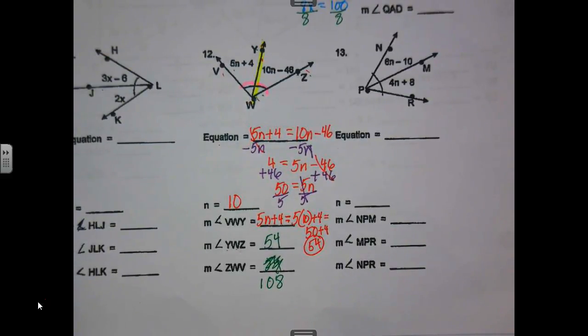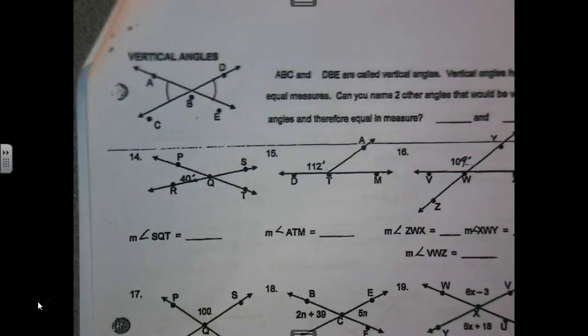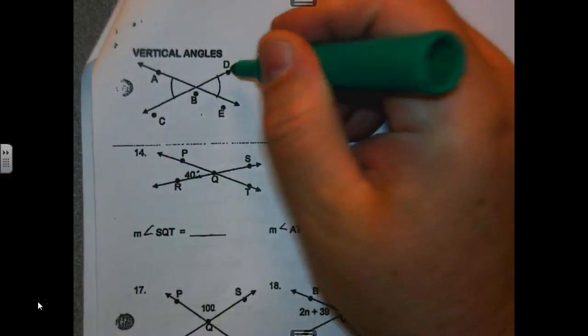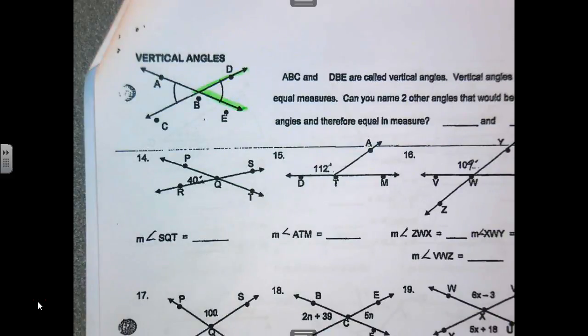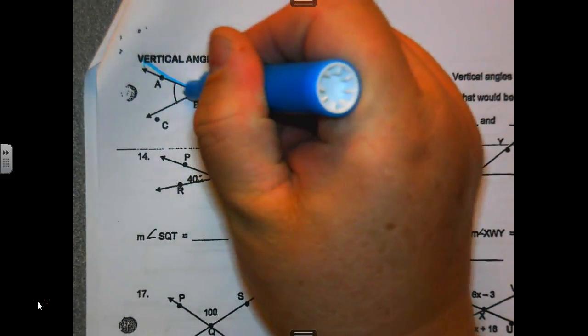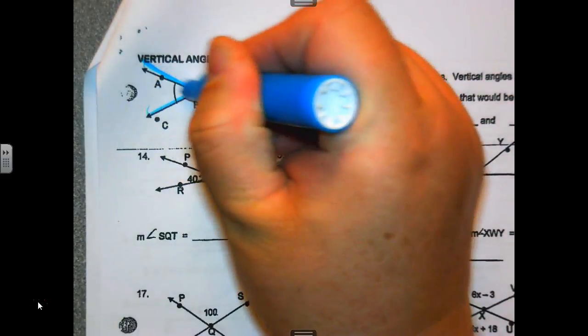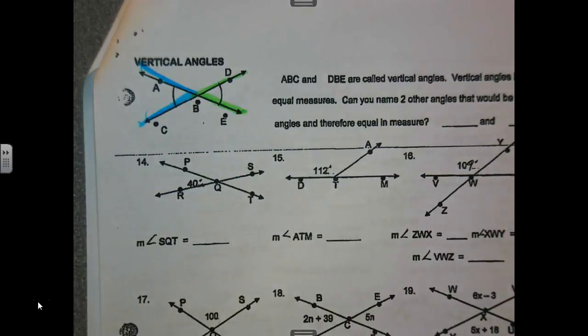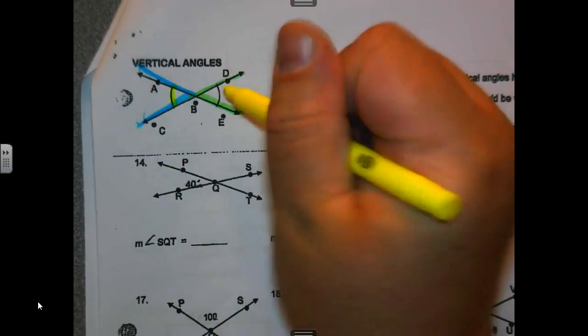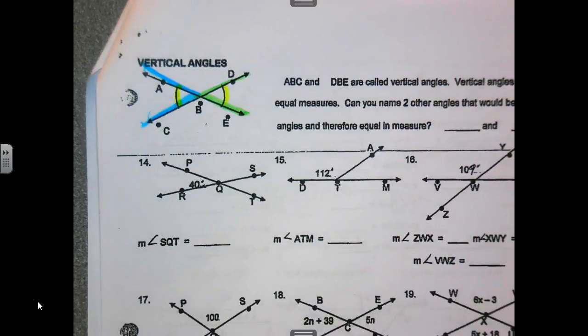Okay, vertical angles. Vertical angles are made by two intersecting lines. They don't equal 180. They equal, look at the congruent marks, 40. They equal each other. Okay?